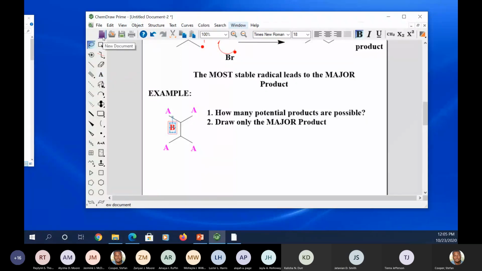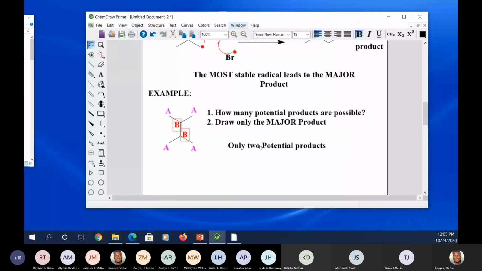And our second type is here, right? There's only 2 types of products, 2 potential products here. Is everybody comfortable with that?